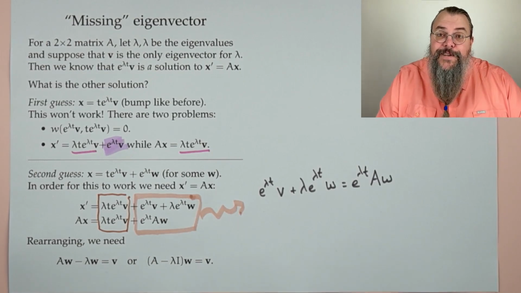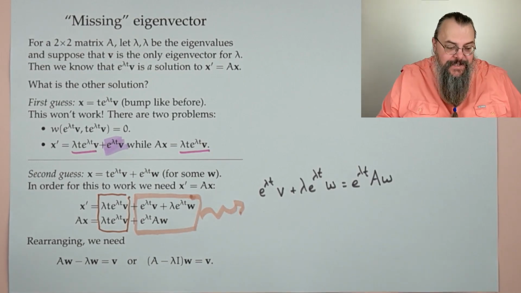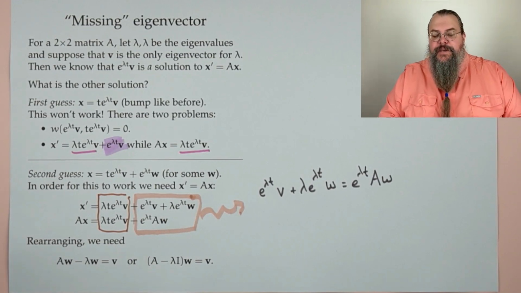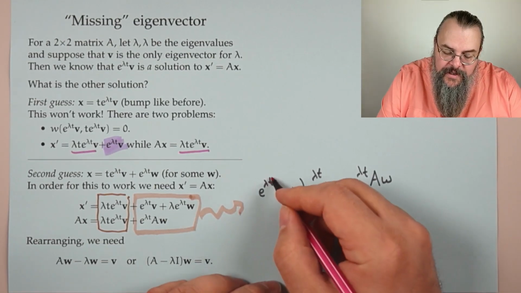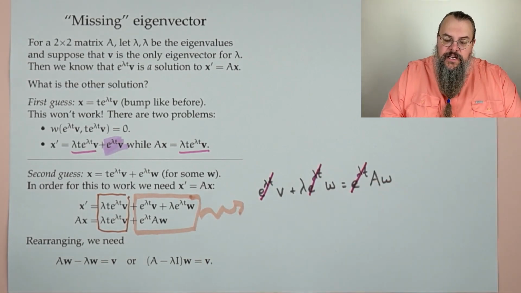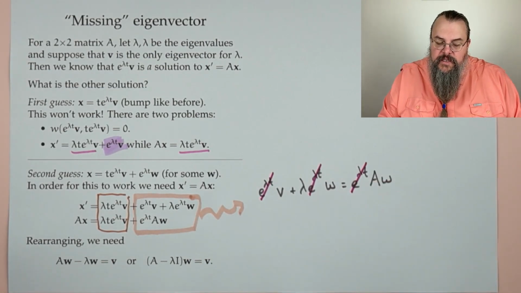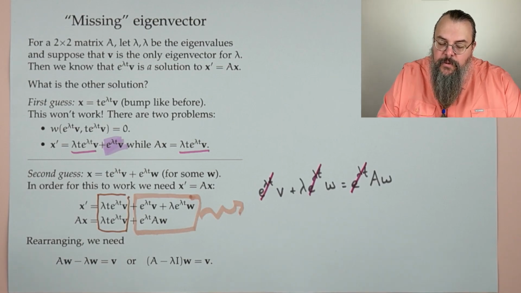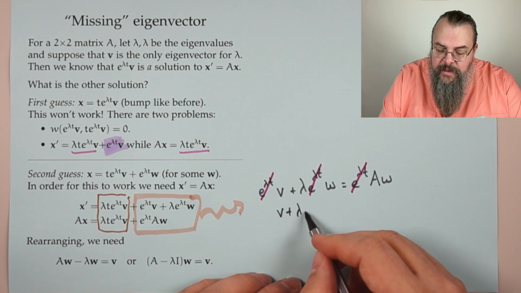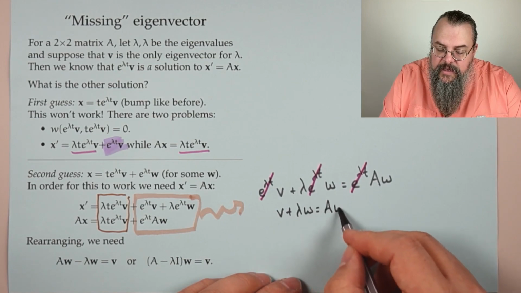Now, what do they have in common? E to the lambda t. So what can we do? We can get rid of it because it's a common thing. So away it goes. So now we say, oh, hey, check it out. What do you have at this stage? We have v plus lambda w is A times w.